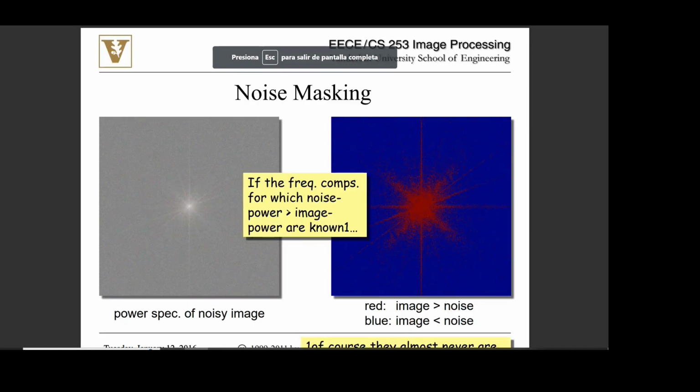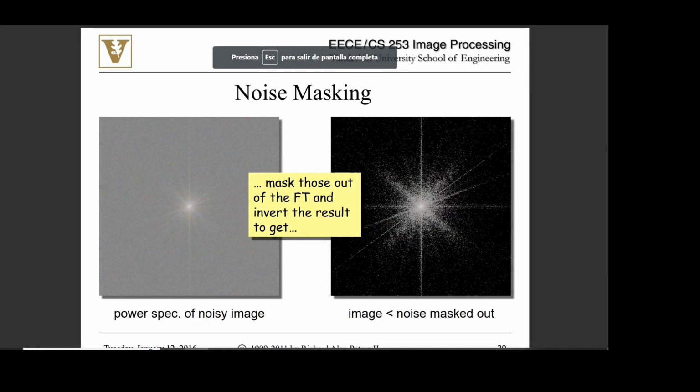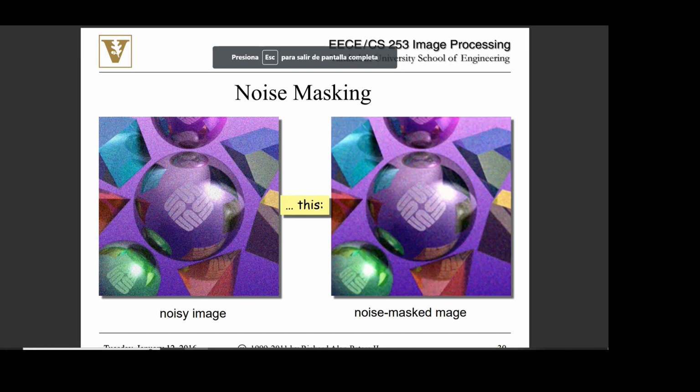And what if I knew exactly at which frequencies I have more signal than noise? I can know this for simulated data, not for real data. But if I knew, then I could simply remove those coefficients for which I have more noise than signal, and then I would get a much sharper image.